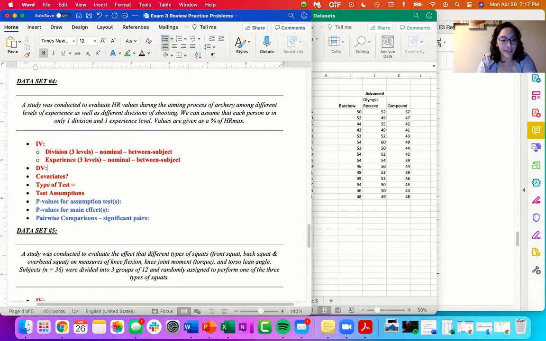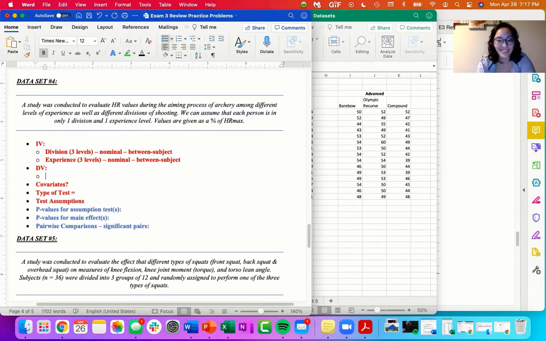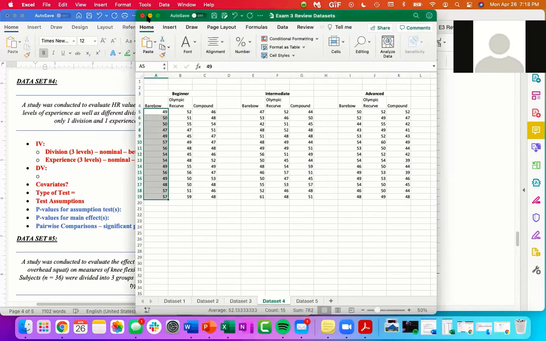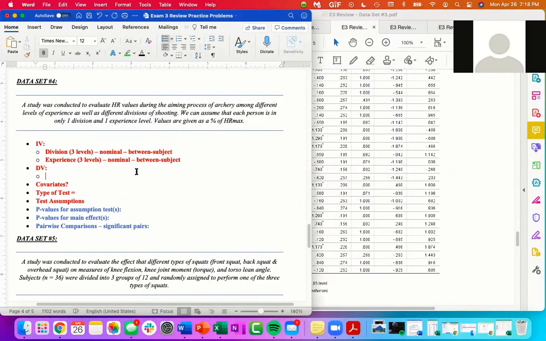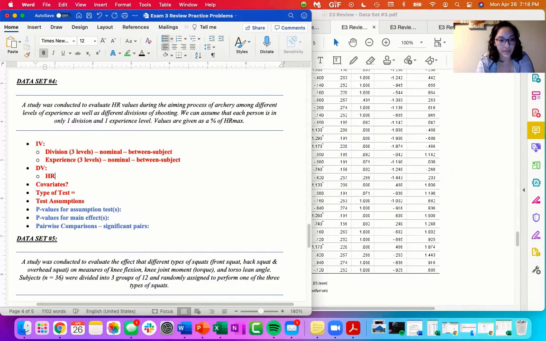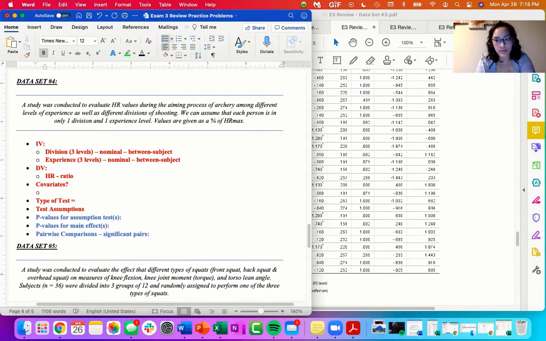What's the dependent variable? Percent of heart rate max. Yes, it'd be heart rate, which is ratio. Covariates? No. So what type of test do we have?